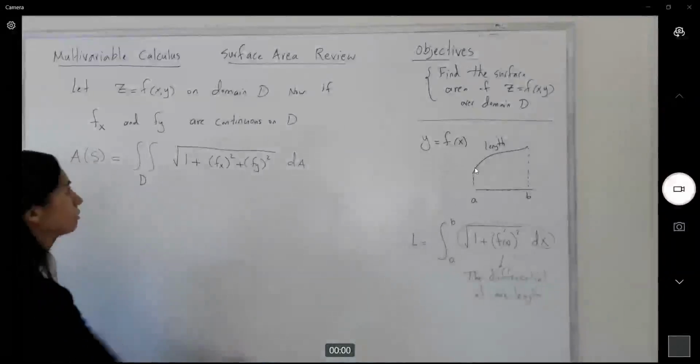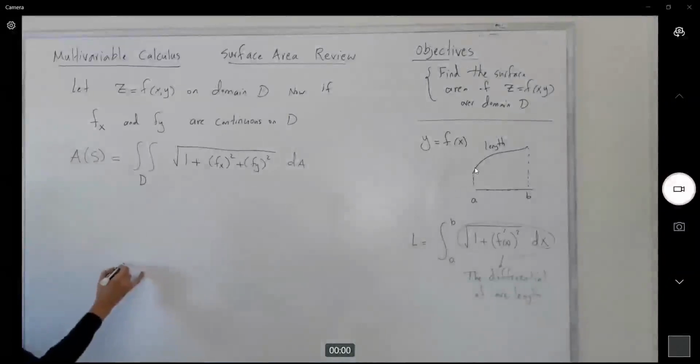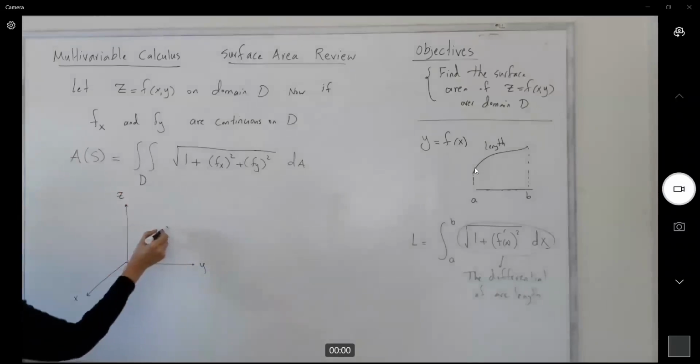So where does this formula come from? Let's take a look at the graph of this function. For example, you have a surface in x, y, z plane, and this is your surface here.